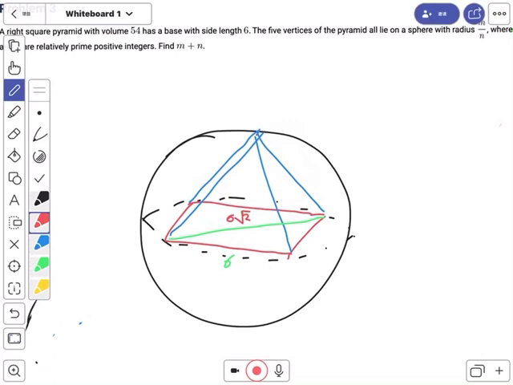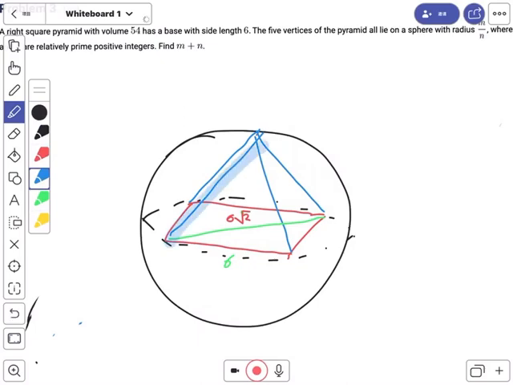Now, how is this even going to help? By symmetry, we know that this segment and this segment are actually equal in length.